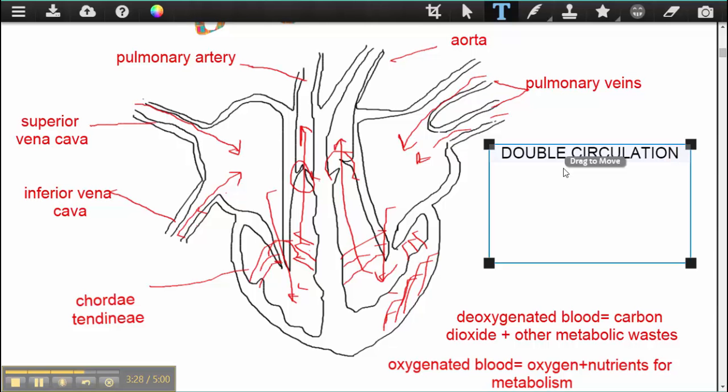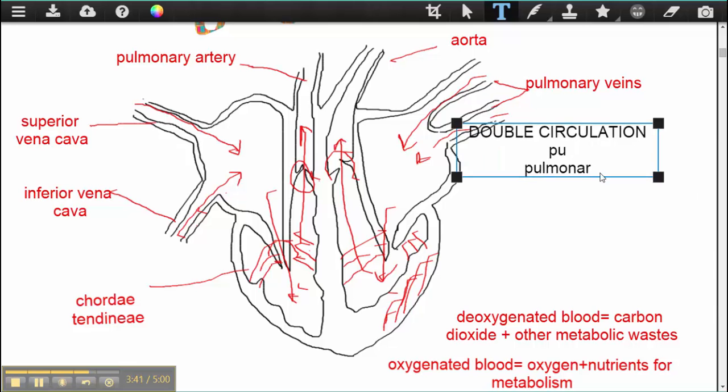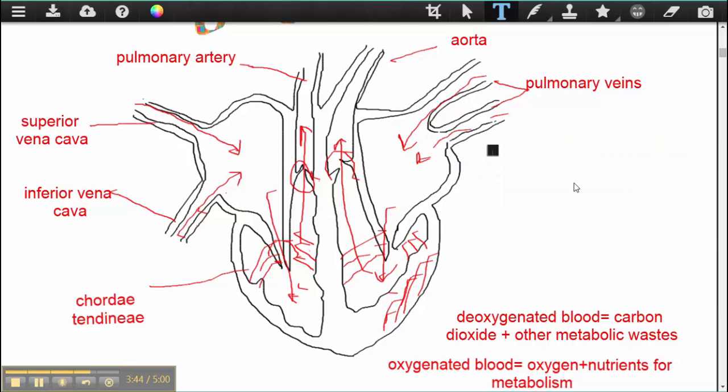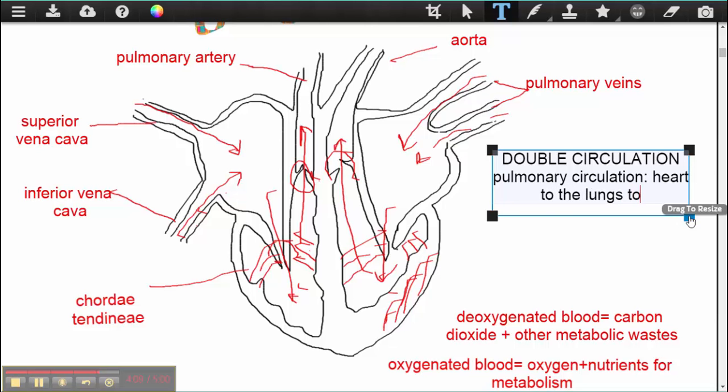It includes the pulmonary circulation, which is when blood goes from the heart to the lungs, and oxygenated blood comes back from the lungs to the heart.